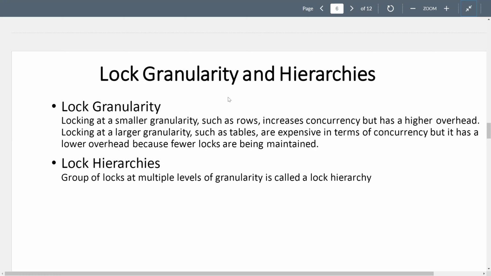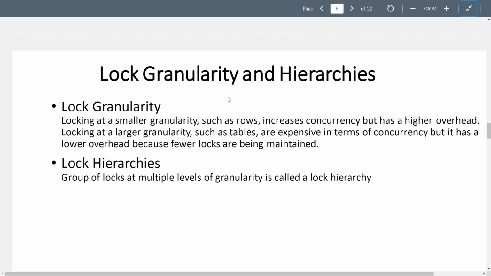So we can increase the concurrency, the throughput of our database, if we have a very small lock granularity. We just lock up the data we must lock up.